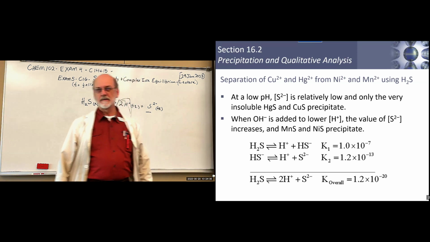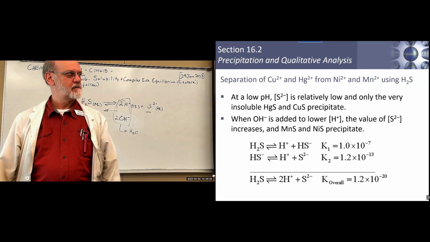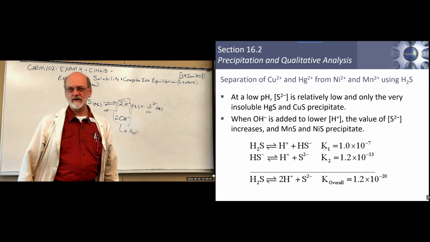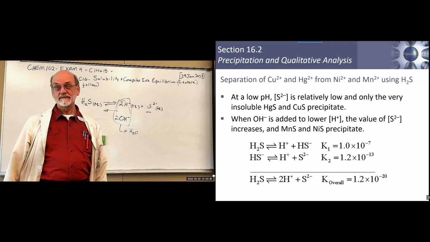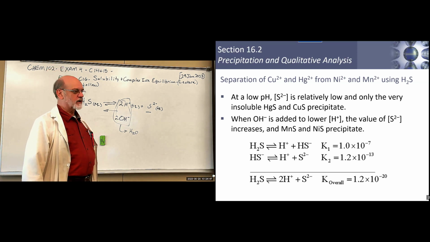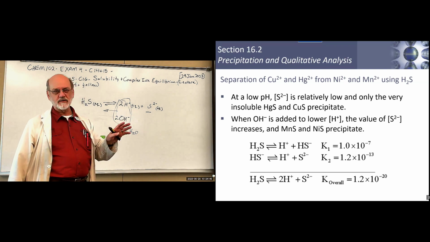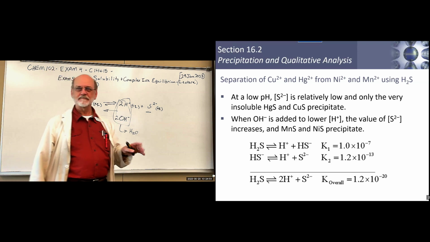Is that what we're going to do in the lab? No, we're not going to do a sequential precipitation. I mean, that'd be a good lab. What we're going to do is solubilize silver with ammonia.